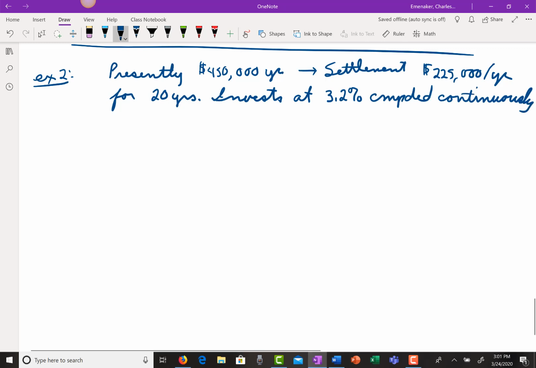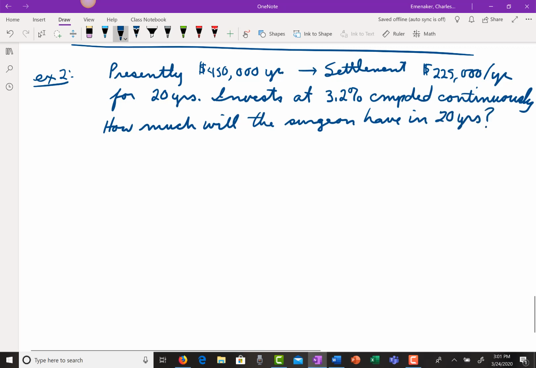Okay, so the idea is this person is going to take the money and invest it, all the money that comes in each year, for 20 years. And the question is, what is the future value? How much will they have in 20 years?